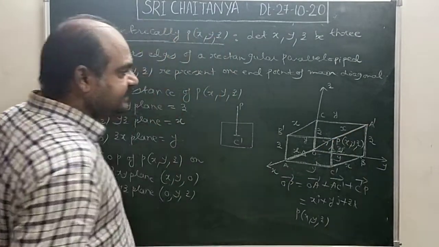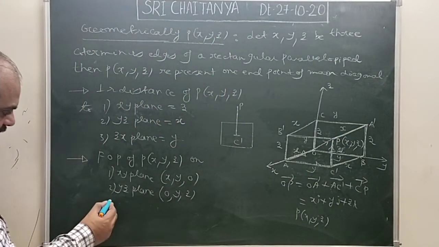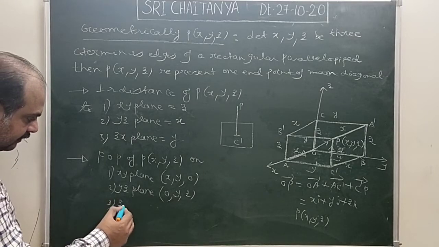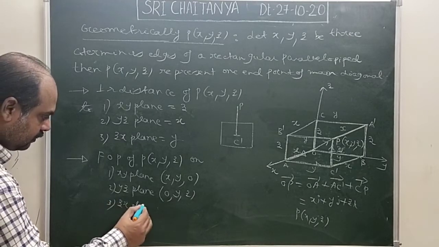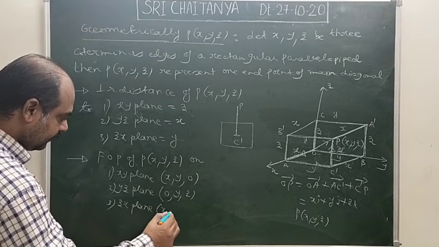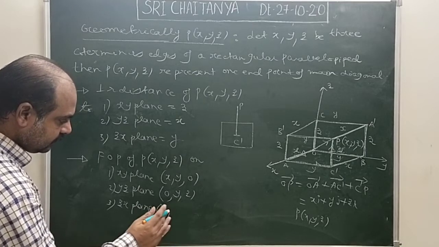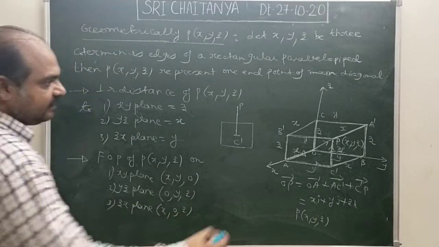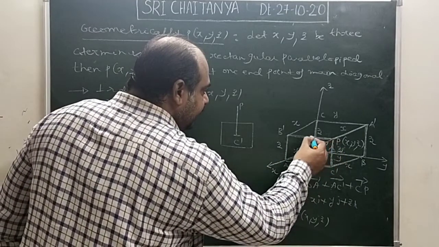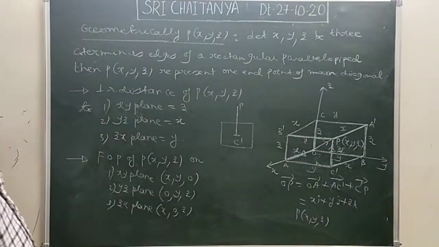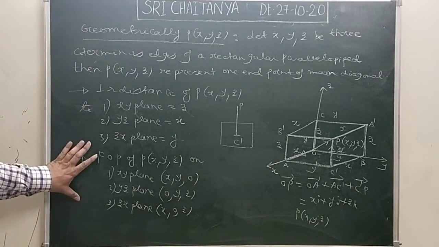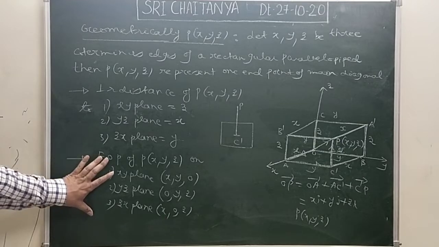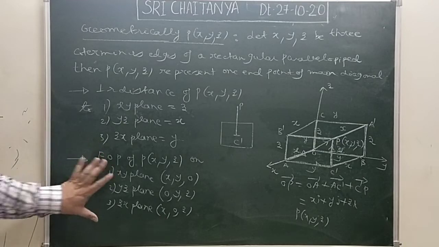This A dash is the foot of perpendicular. So similarly to the ZX plane means X comma 0 comma Z. Look here, this B dash is the point. So these are the feet of perpendiculars of a point to the XY plane, YZ plane, and ZX plane.